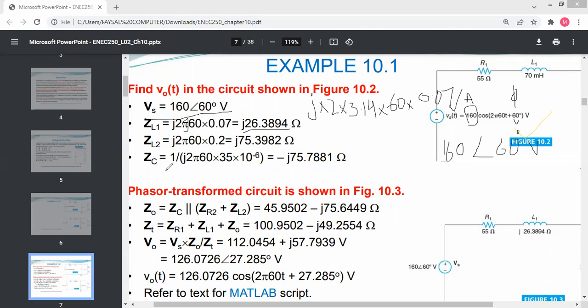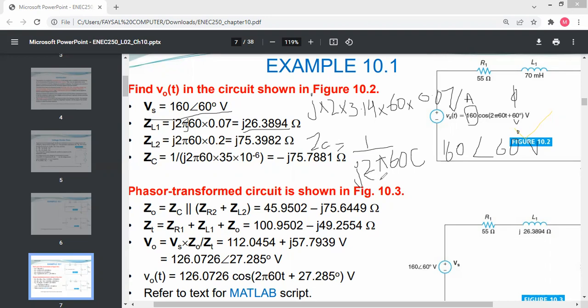Now for ZC, so capacitance, the formula is 1 upon j 2 pi 60 into the value of capacitance. This is to find the impedance of the capacitor.